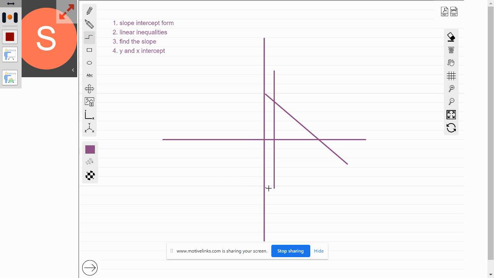Something like this. Now, this one is a positive slope, and this one is a negative slope. An undefined slope would be something like this. A vertical line.